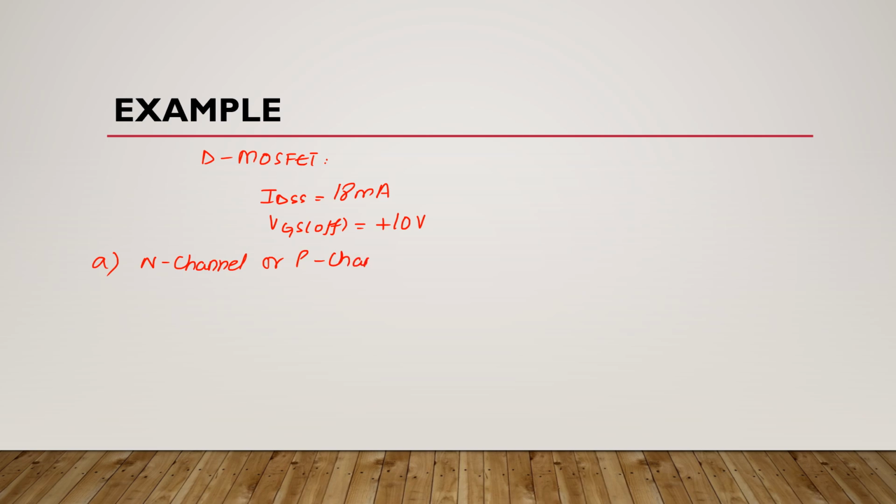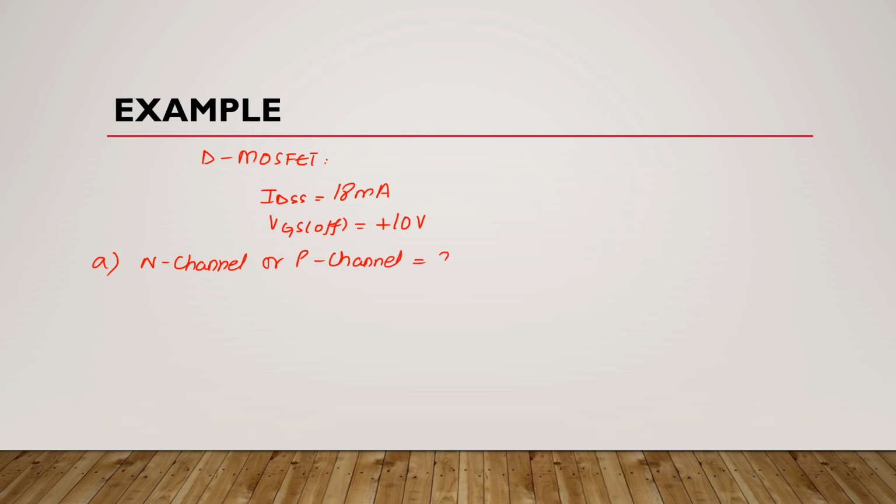Now look at this example. If you have a D MOSFET where IDSS is 18 milliamperes and cutoff voltage is plus 10 volts. Okay, now is this an N channel or a P channel D MOSFET?